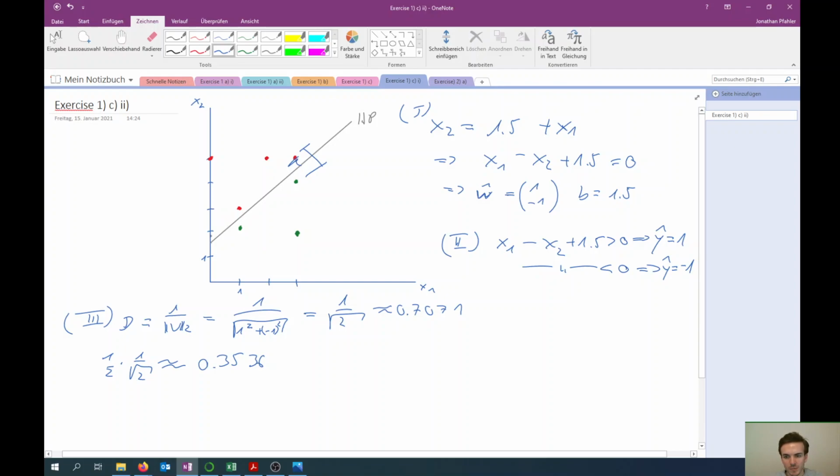Then this will look somewhat like this. So this should be the corridor that the margin spans, and then you know that those 4 must be the support vectors.